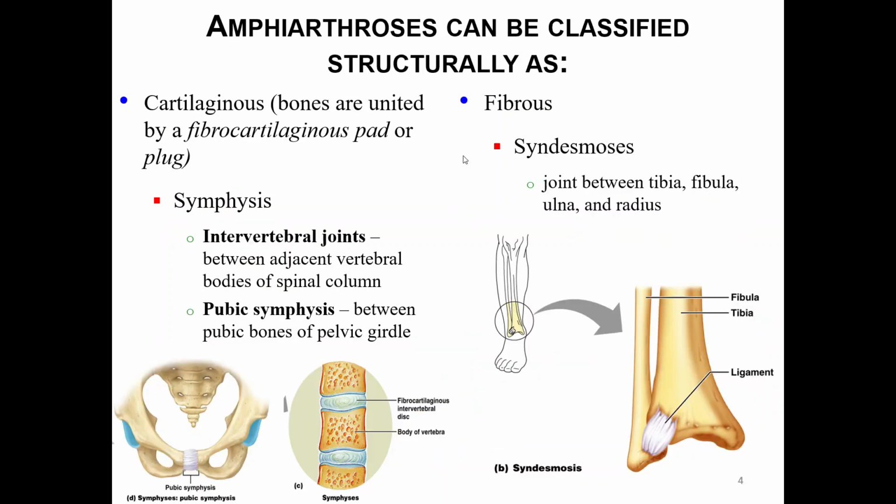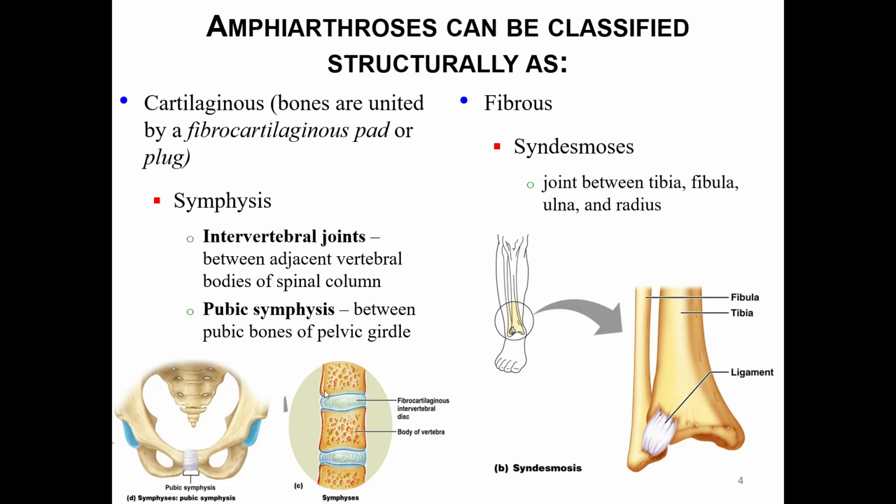Now, amphiarthroses, remember we have a small amount of movement here. And again, these can be both fibrous and cartilaginous. Okay. Symphyses, for example, you have your pubic symphysis that holds your pubic bones together. Okay. And then we have intervertebral joints, your intervertebral discs.